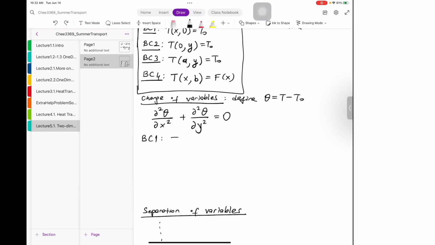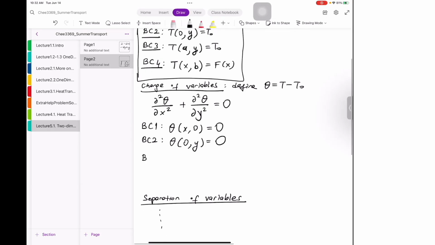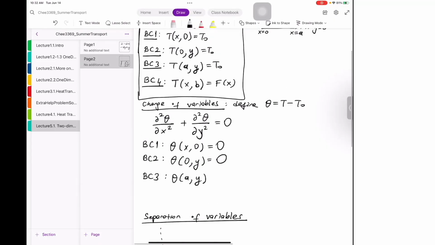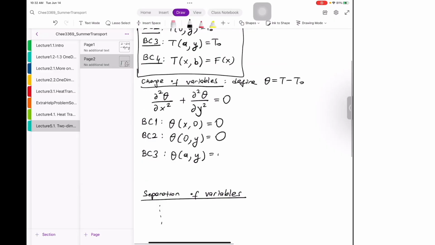Boundary condition 1: theta at x comma 0 is equal to 0. Boundary condition 2: theta at 0 comma y is equal to 0. Boundary condition 3: theta at a comma y is equal to 0.